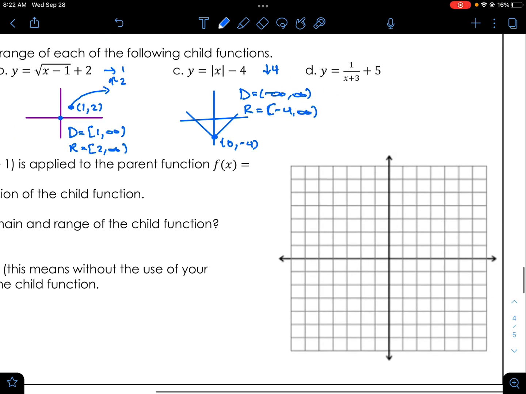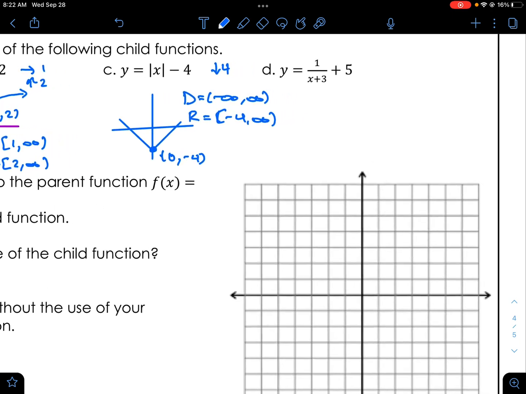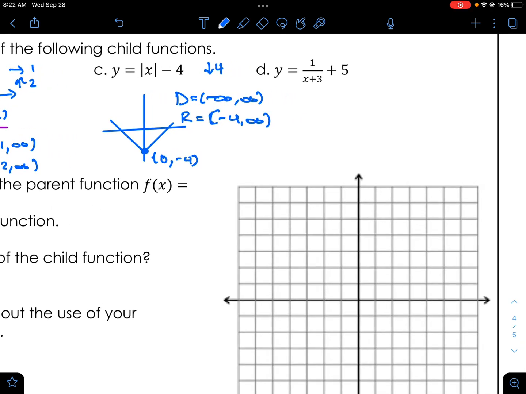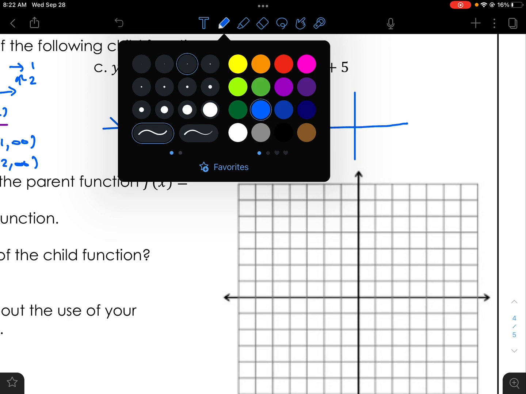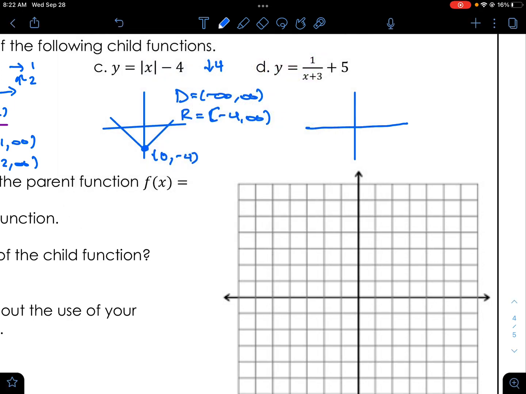And then in letter D, you have 1 over x plus 3 plus 5. So again, this function is looking something like this. The important thing to remember is that the asymptotes are on the x and y axis. But if you look at this, this has moved left 3 and up 5. So instead of having a vertical asymptote that is on the x-axis, it is going to move left 3.